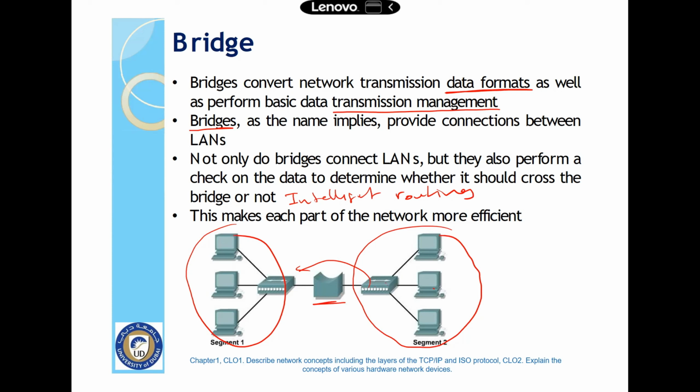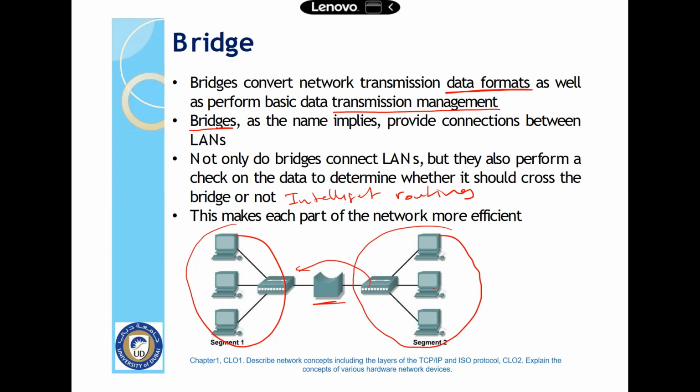Basically, if all messages pass through the bridge, then we're going to talk about bandwidth. The traffic at some point will be jammed, even though there are no messages that should cross. If you do not perform that check, you will lose a lot of bandwidth and the network will not be efficient. You will lose data or time. This is the job of the bridge, mainly to connect two networks.